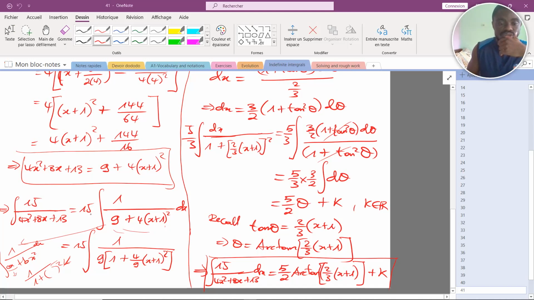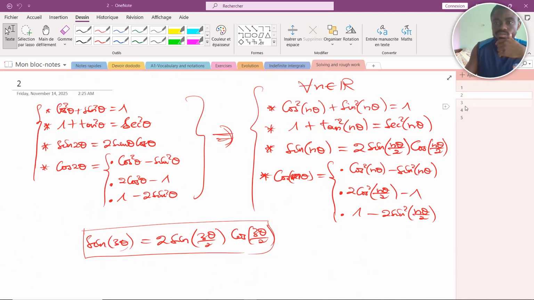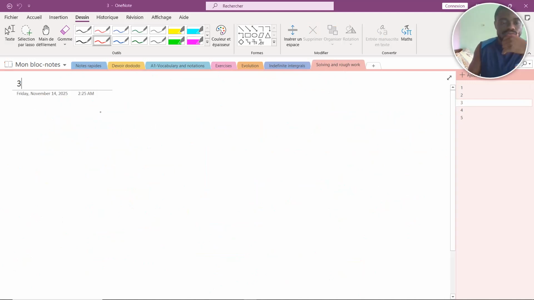So we are to integrate, let's leave this 15, my problem. Let's concentrate on this. Let me take a page, a rough work. Our aim is to integrate 1 all over 9 plus 4 into x plus 1 squared dx.